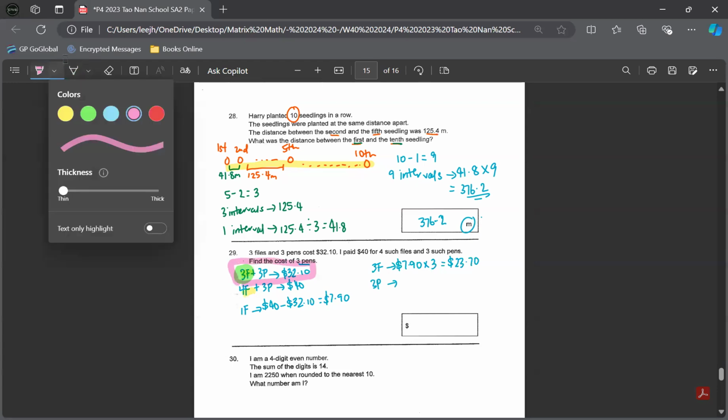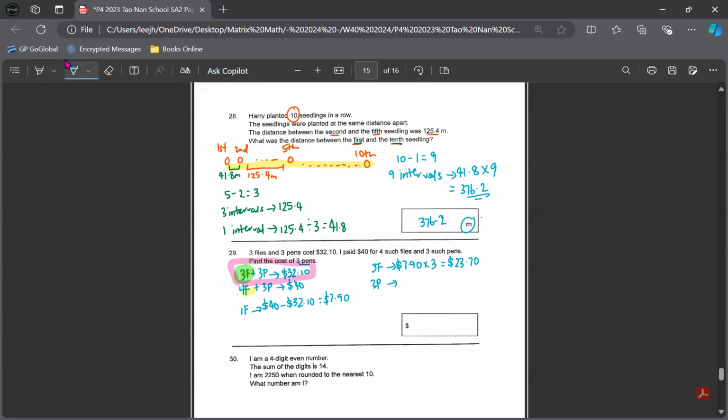You just take the total of 3 files and 3 pens, minus away the cost of 3 files. So $32.10 minus $23.70. Your answer will be $8.40.